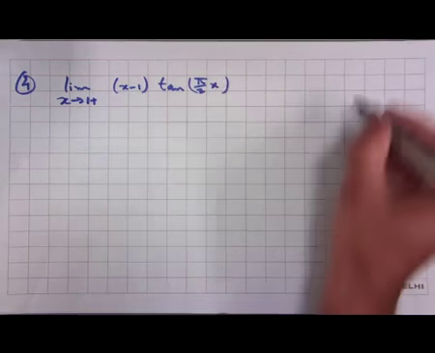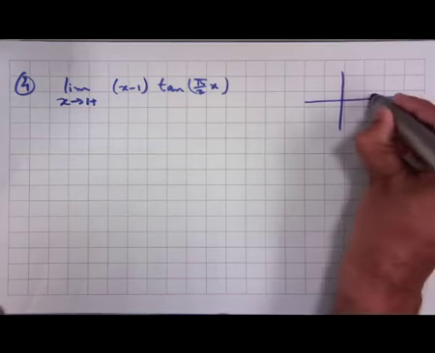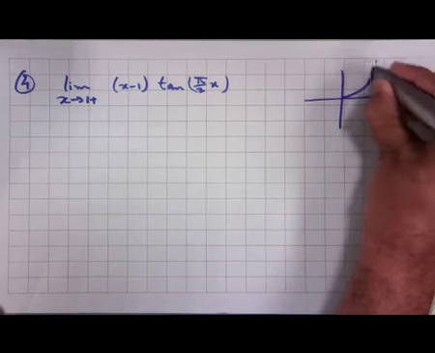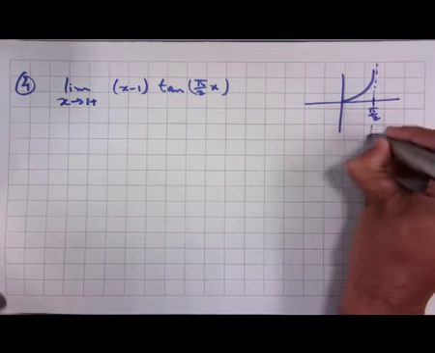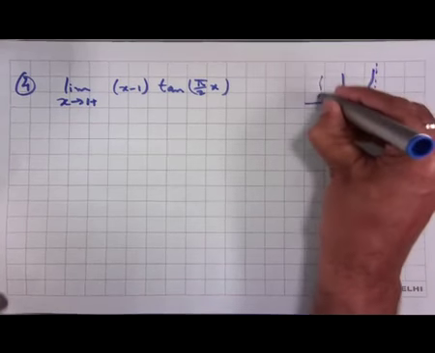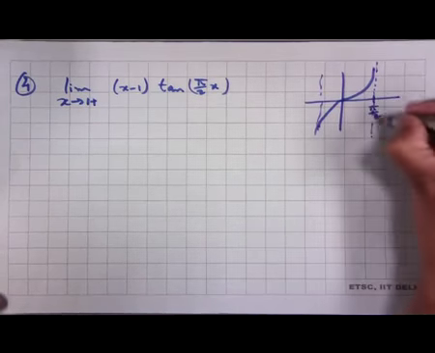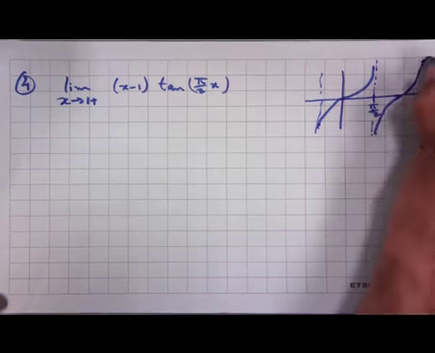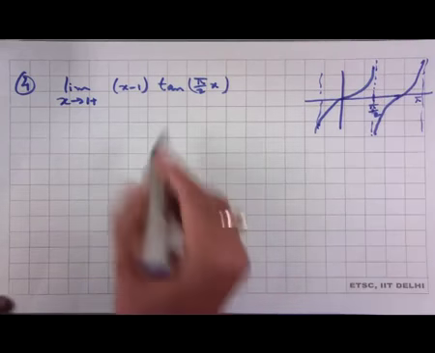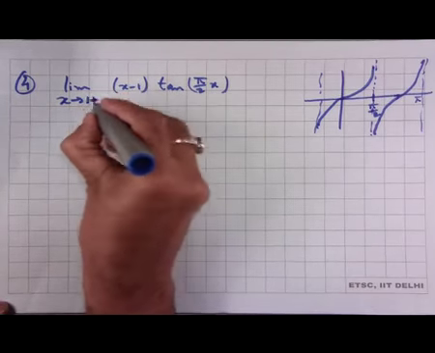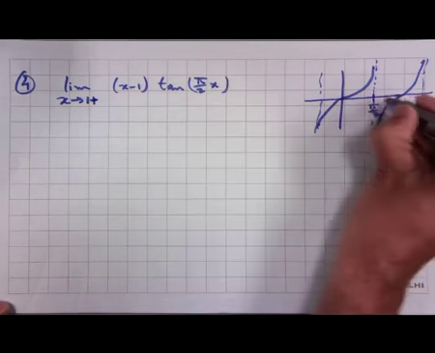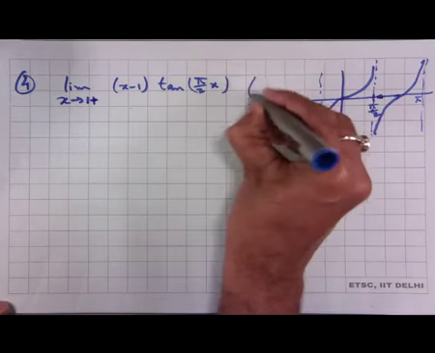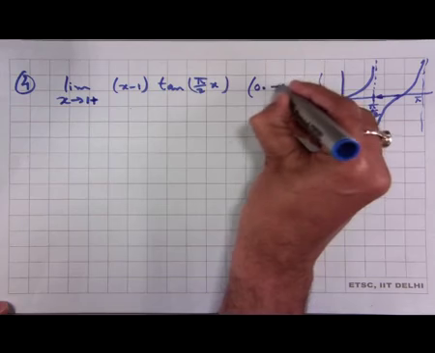Tan x goes to positive infinity as you go to pi by 2 from the left, and from the right this goes to negative infinity. Here we are taking the limit as x approaches 1 from the right, so pi by 2 x approaches pi by 2 from the right. So, this is equal to 0 times minus infinity.